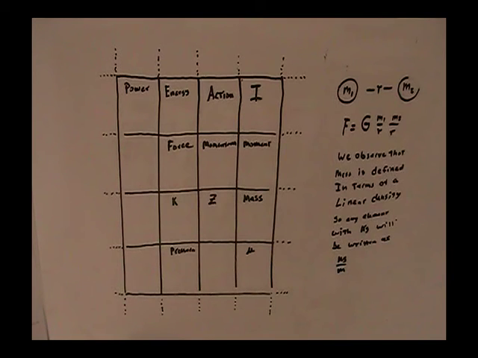Okay, and newtons, normally written as kilograms, meters over second squared, will now be rewritten as kilogram per meter, meter over seconds squared, meters to the 0.